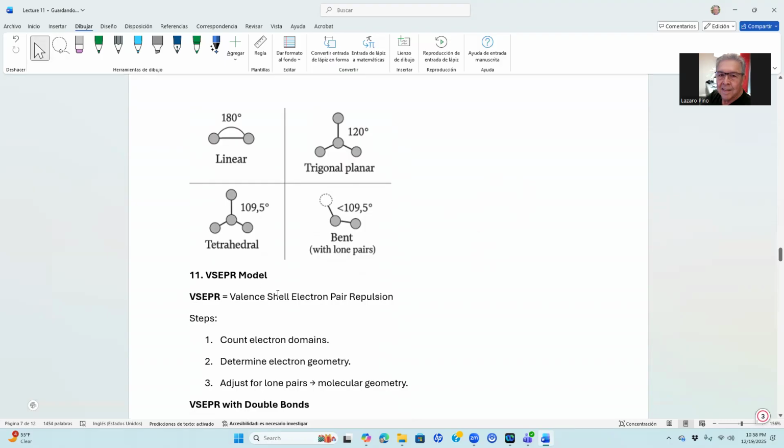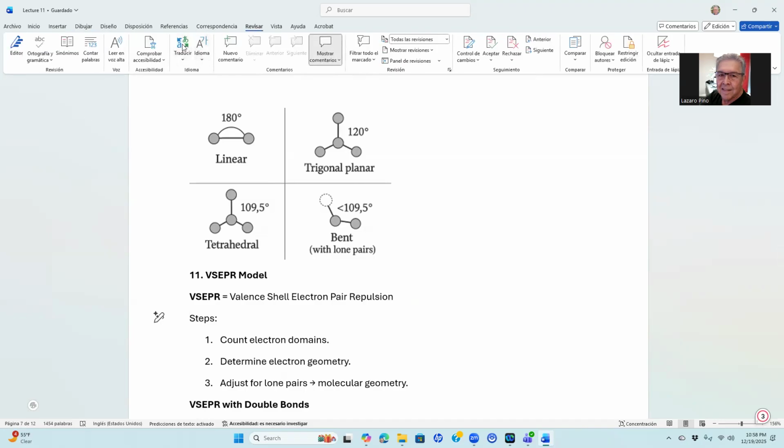VSEPR, that is the valence shell electron pair repulsion, the one that explains how the electrons are supposed to be far one from the others in order to lower the repulsion. Let's go to the different steps and you will understand it better.